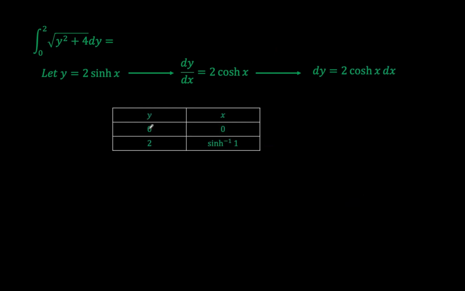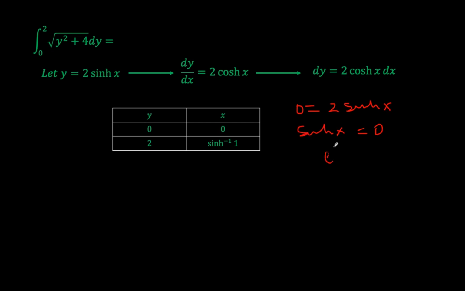And now if you have the limits 0 and 2 for y, when y equals 0, that means 0 equals 2 sinh x, and divided by 2 means sinh x equals 0.